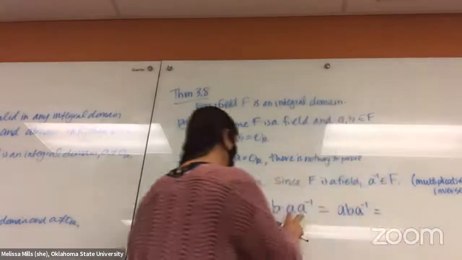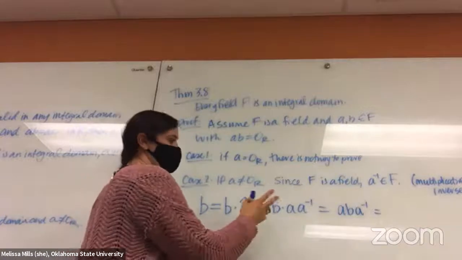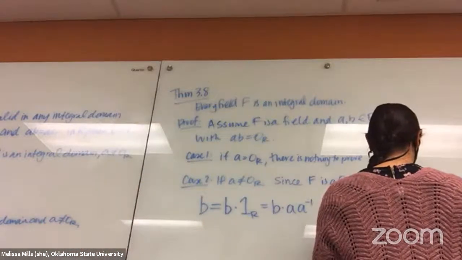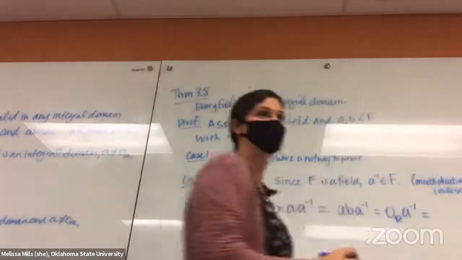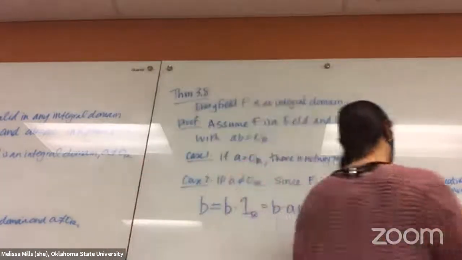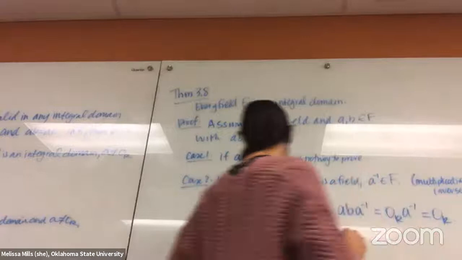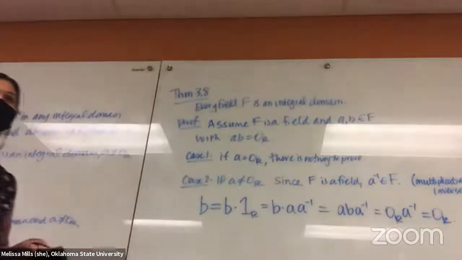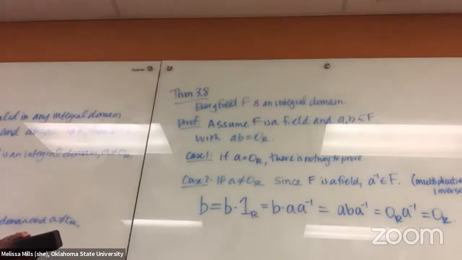I guess I could have put the one, well, anyway. So this is 0_F, A inverse. And what's that equal to? That's 0_F. What did I get? I got B equals 0, if A is non-zero. I kind of like that.